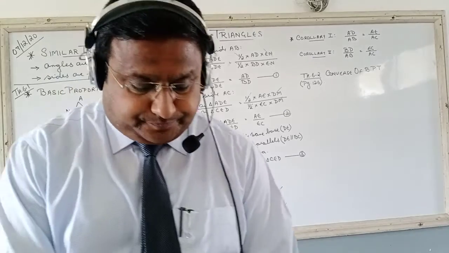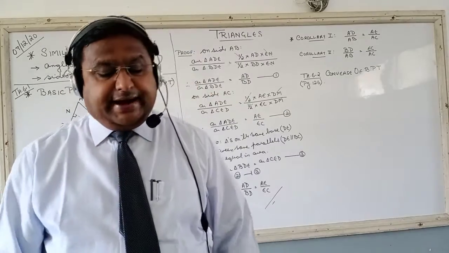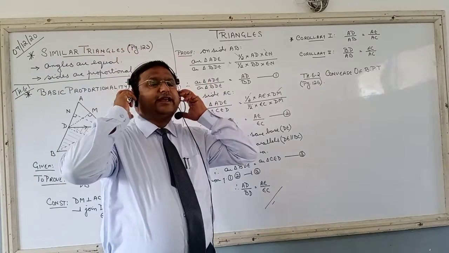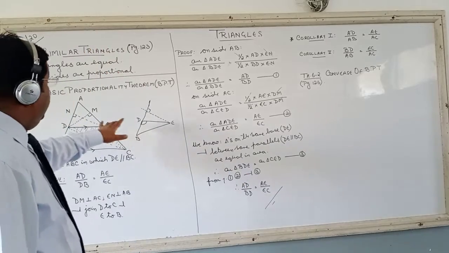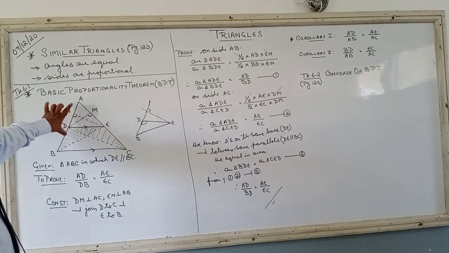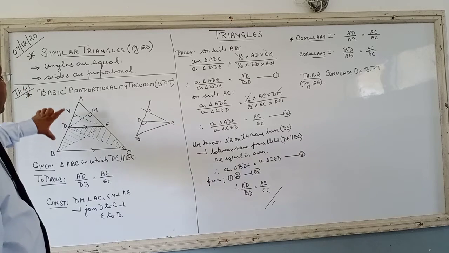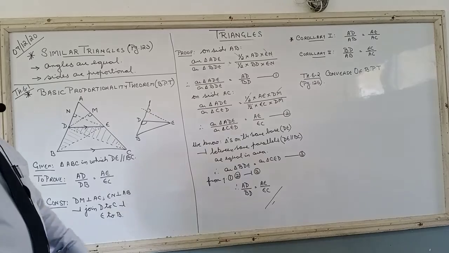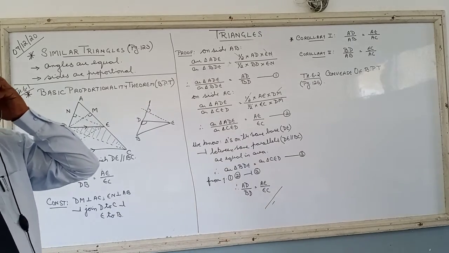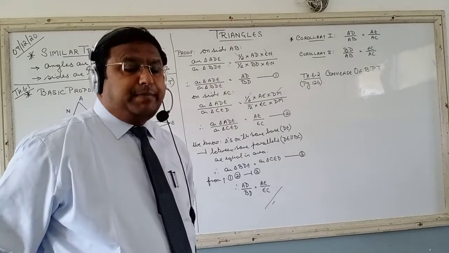If a line divides any 2 sides of a triangle in the same ratio, then the line is parallel. Here he was saying that if the line is parallel, then the 2 sides are in the same ratio. Theorem 6.2 says, if 2 sides are in the same ratio, then the line is parallel. That is why we call it the converse of BPT. Clear? So, very, very important to know how to apply it.